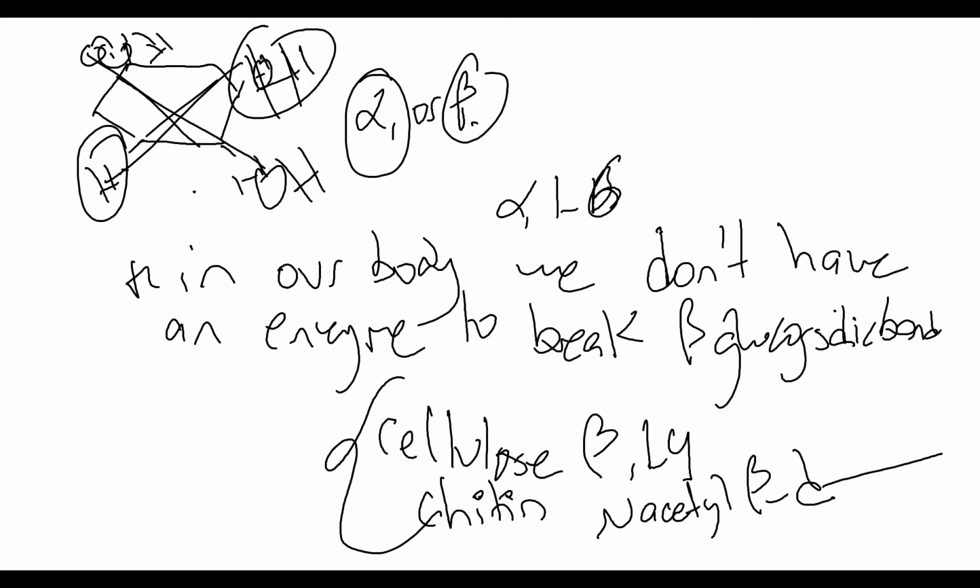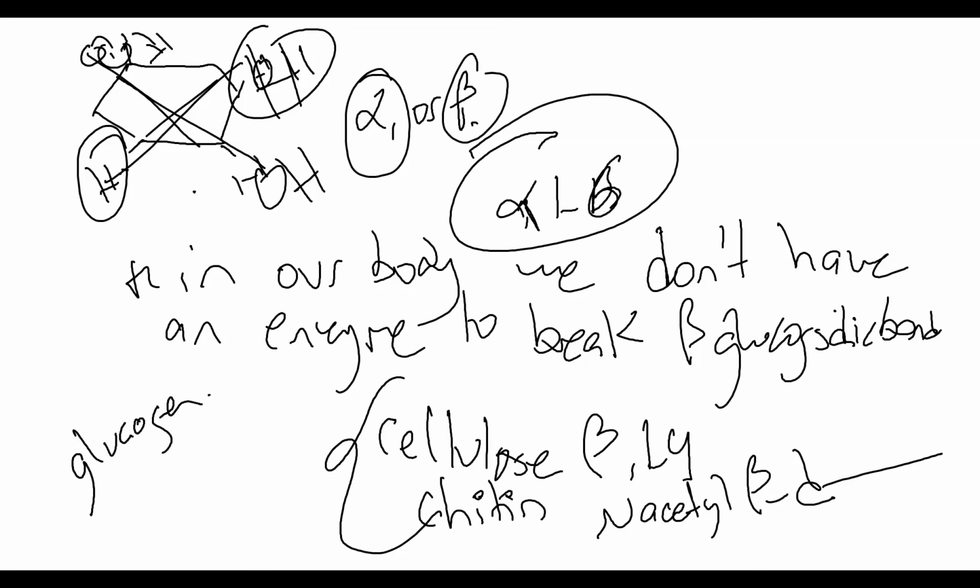Our body usually only breaks the alpha, and that's why we store glucose in the liver in the form of glycogen, which is made up of alpha 1,4 and alpha 1,6.